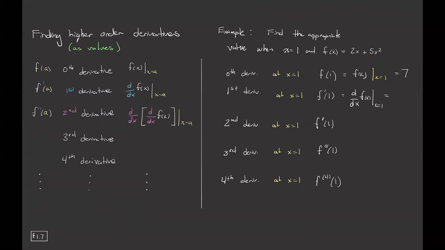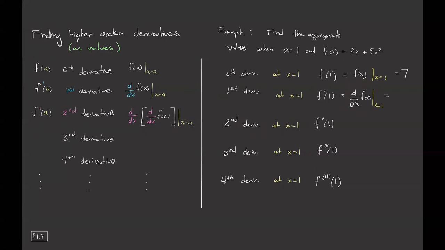Since our x or a value is equal to 1 and we're computing the first derivative, what we do is we first find the first derivative function, and then we do this substitution or evaluation. Maybe I'll keep that in yellow just to see that it's the same in every place that we do this.